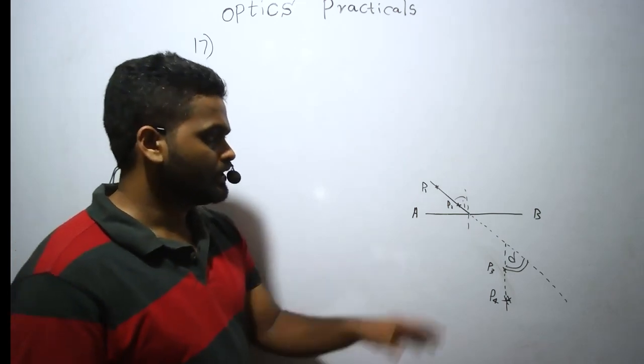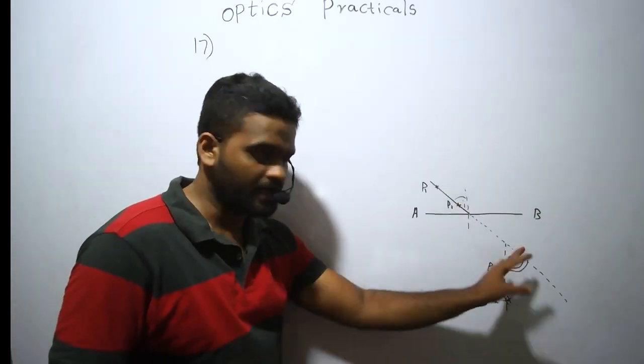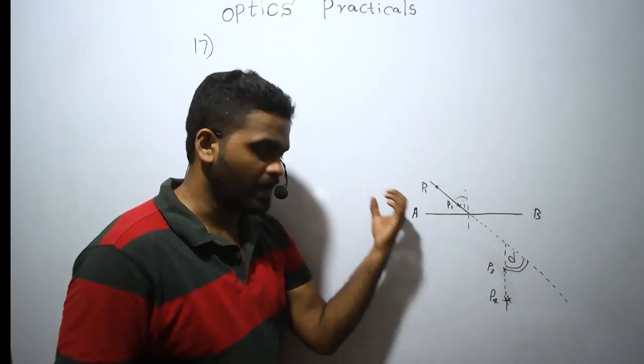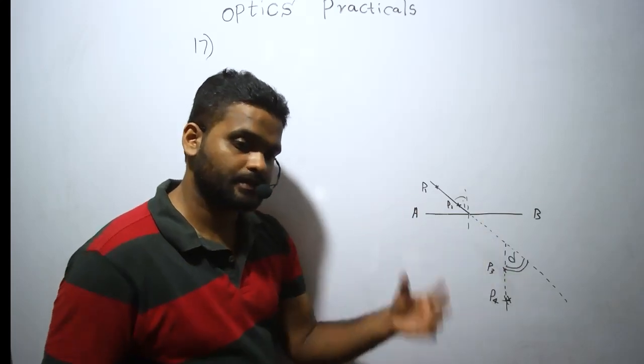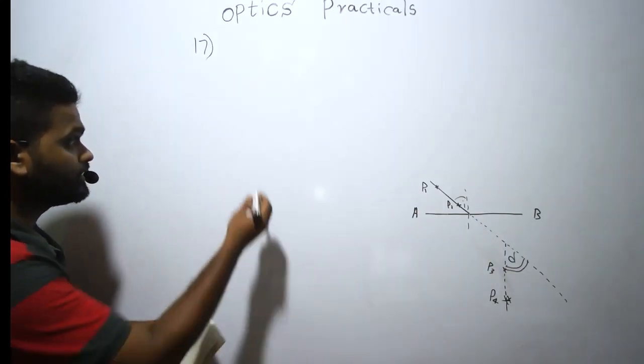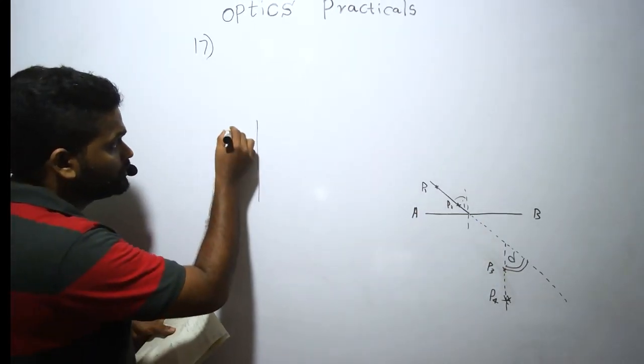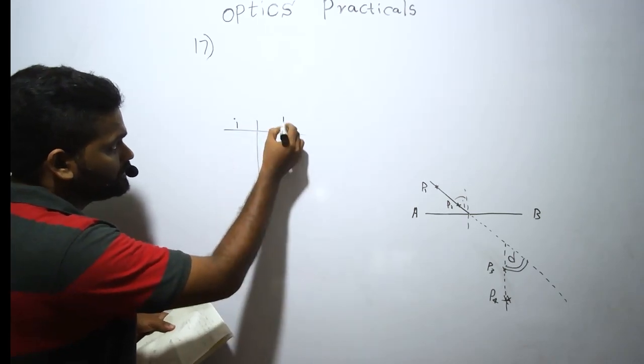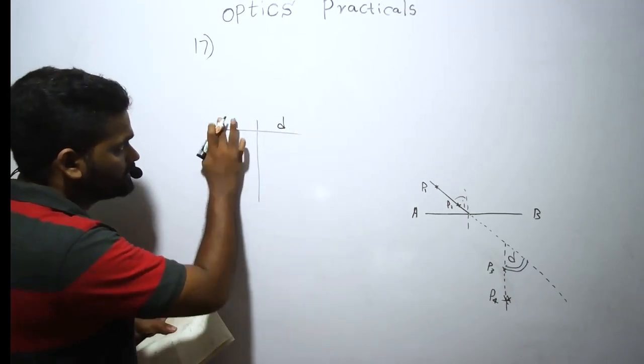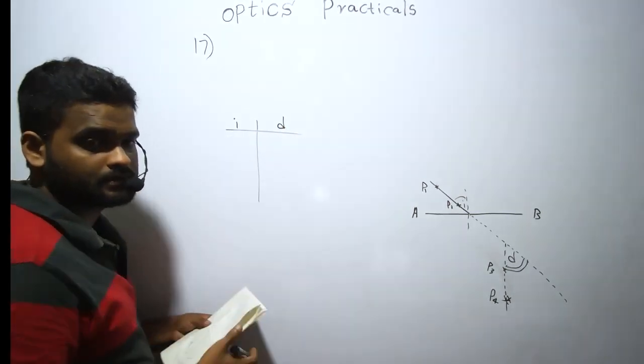Right. So this is just for one incident angle, right? So you have to do this at least 6 times. Then those readings, you can record them in a table.